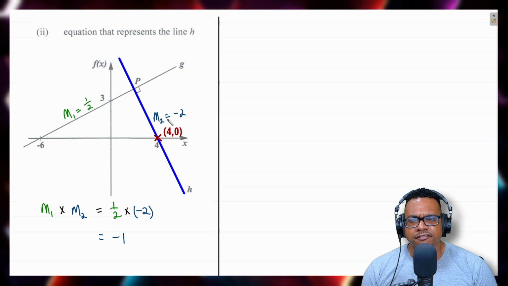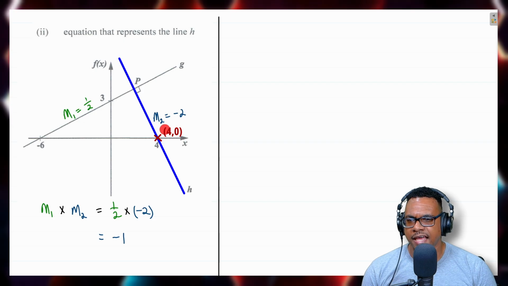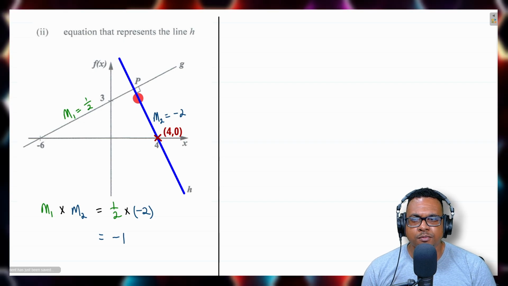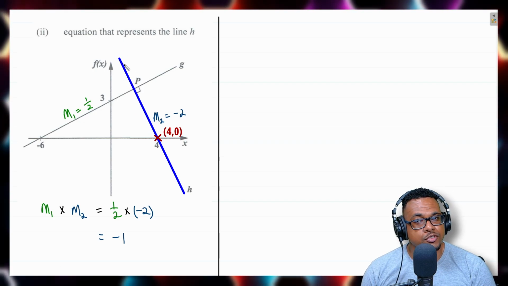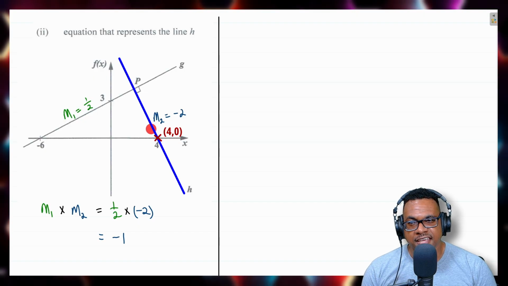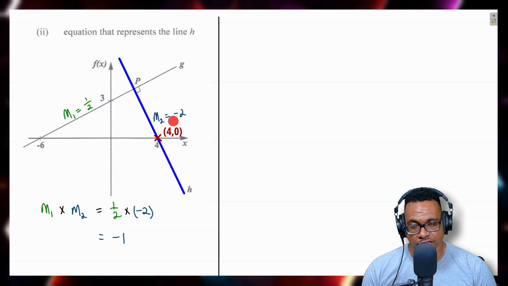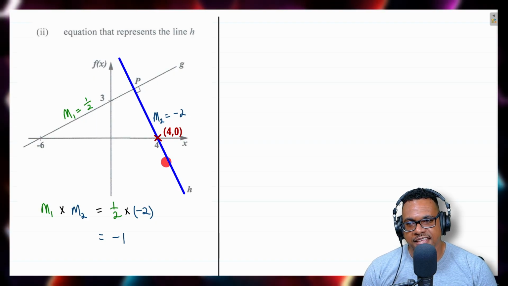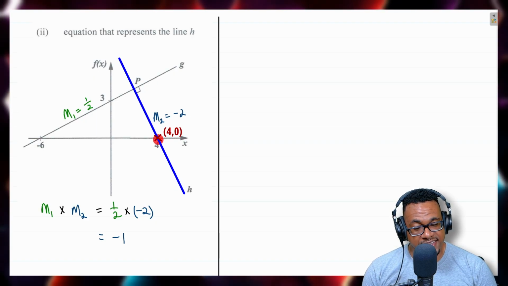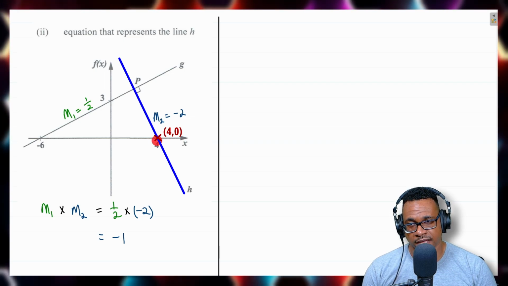So now that we have the gradient of the line H, we just need the y-intercept for the line H. Now we are not seeing where this line touching the y-axis, so we'll have to work it out. So in order to work out the y-intercept for the line H, we would need the gradient and any point that the line passing through. Now we can see that this line H is passing through 4 on the x-axis, and the coordinates of this x-intercept will be 4 on the x and 0 on the y.